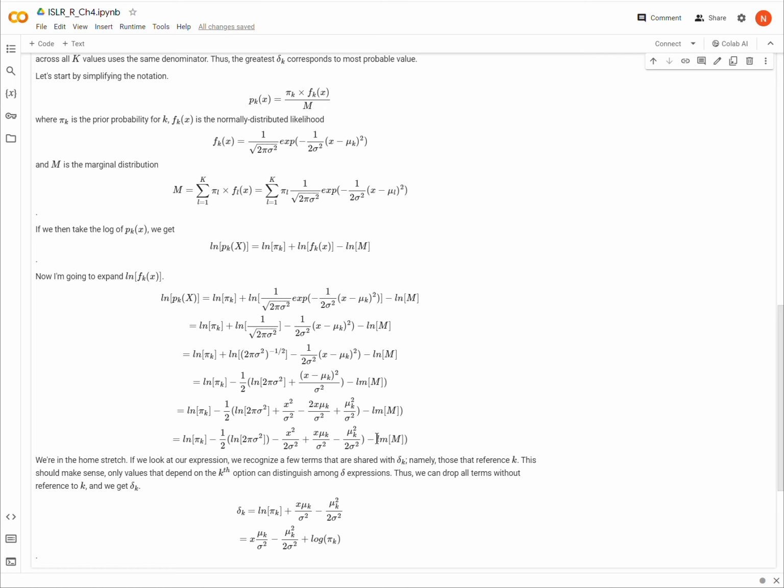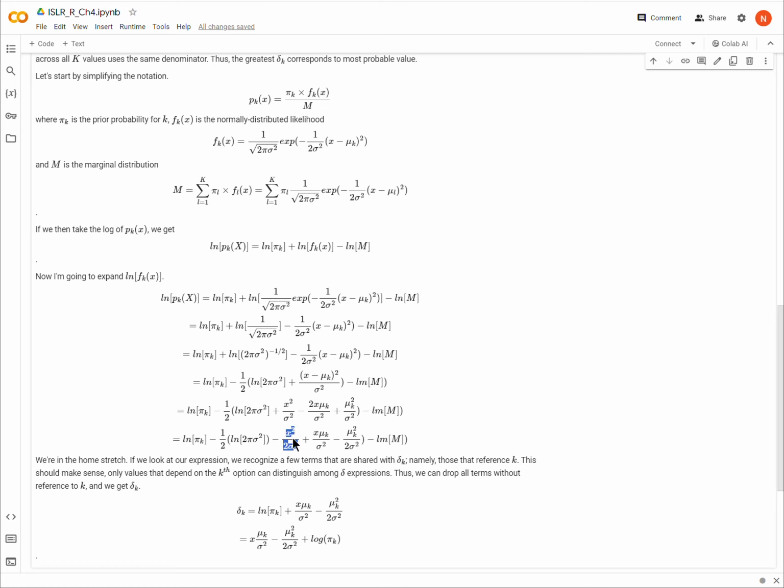Why did I put Lm there? It should be Ln of M. Ln of M, the log of M, is not in our expression for delta. So the terms that make it from our final expression to the expression for delta are precisely the ones that reference category K. This should make sense, because if I'm trying to distinguish among the different categories, the only terms that make a difference are the ones that distinguish among the categories.